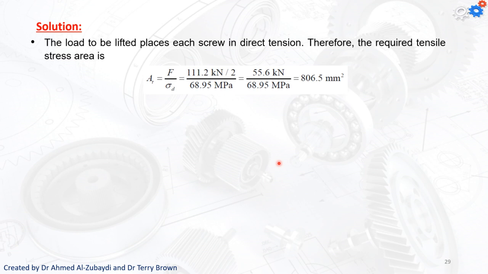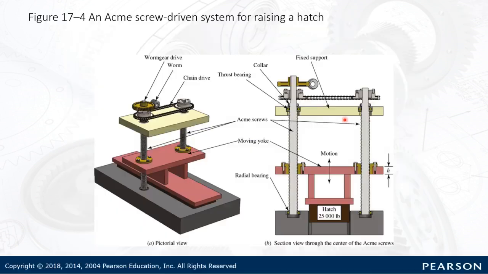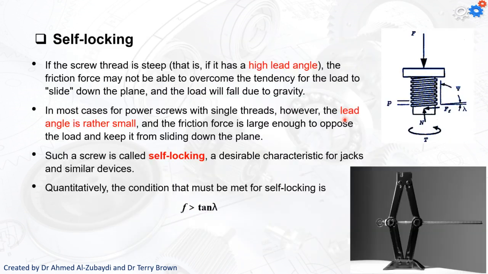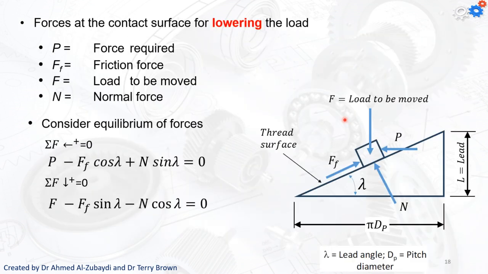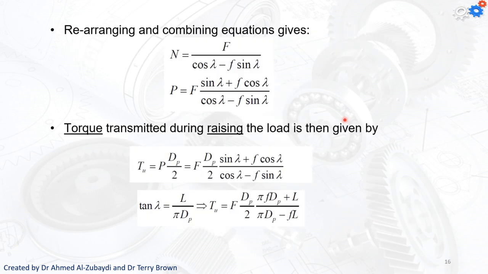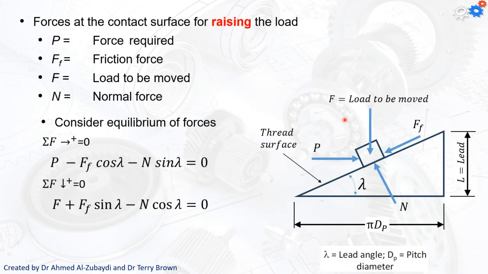In this case, it is 111.2 divided by 2, divided by 68.95 megapascal, and this will be 806.5 square millimeters. Now I can take this value and go back to the tables. I will put the tables in the class within the example, so you can find the answers directly.